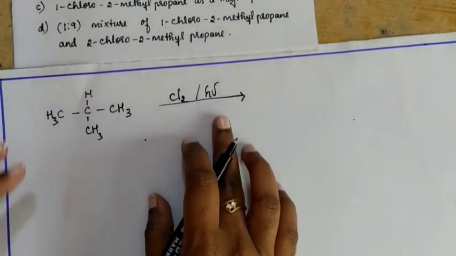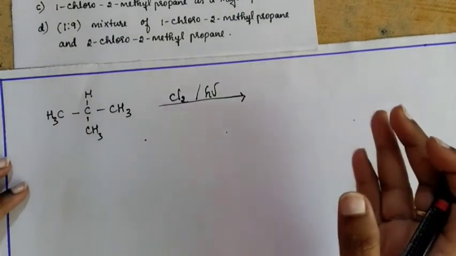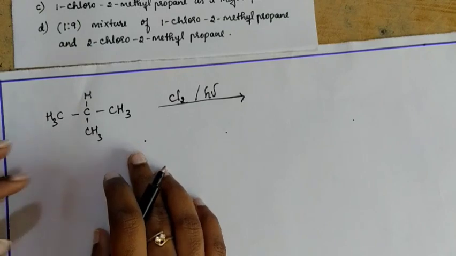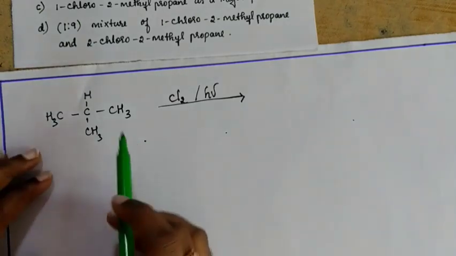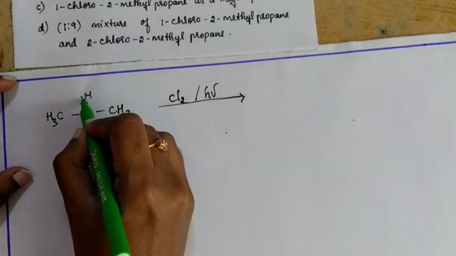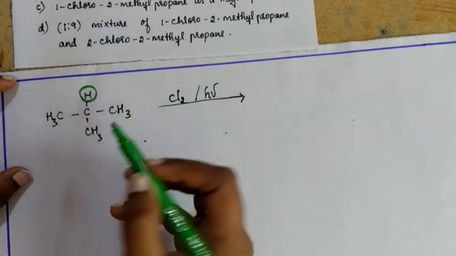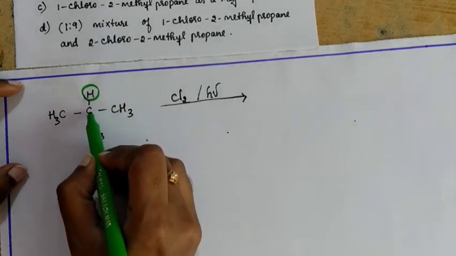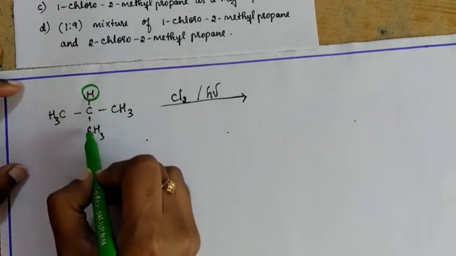When this is the condition, what type of products are going to form? Here you can observe two different types of hydrogens. See, here one hydrogen is there. I wrote it separately so that you can understand. This hydrogen is bonded with the carbon atom which is tertiary in nature.